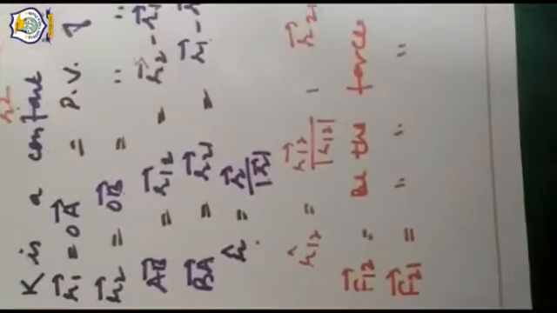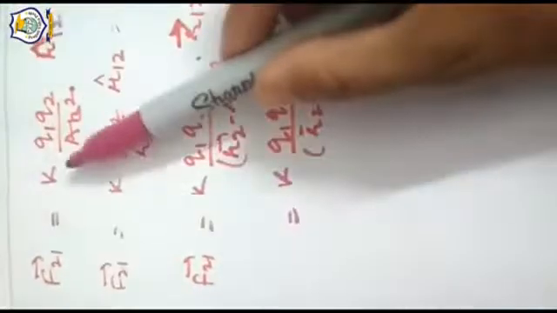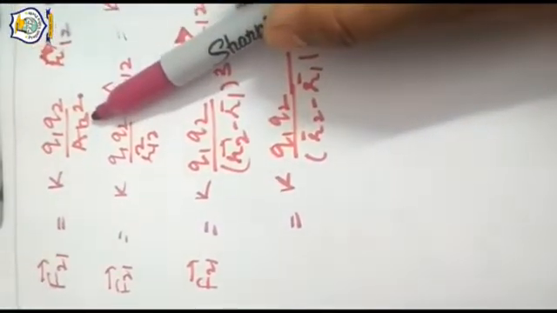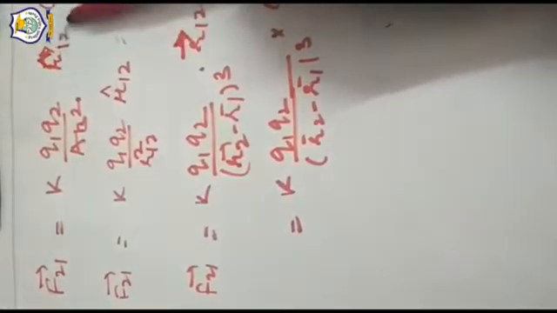Now, we will simply write the formula of F12 and F21. So we can write F21 is equal to K Q1 Q2 upon AB square, because AB is the distance between these two. And to write it in vector form, we are using the unit vector, which will be R12.